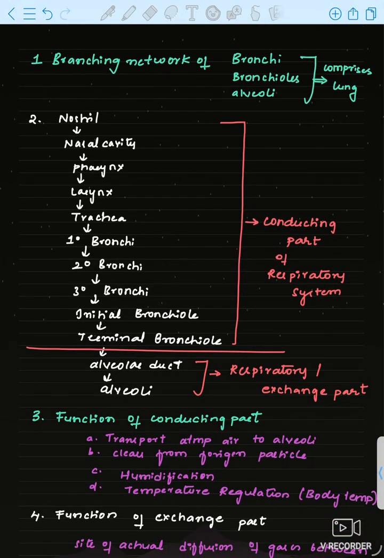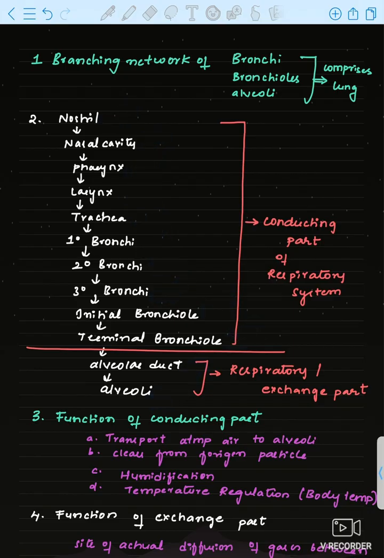Okay, now again the same thing we have to discuss, the passage of the respiratory system from external nostrils, nasal cavity, pharynx, larynx, trachea, primary bronchi, secondary bronchi, tertiary bronchi, initial bronchiole, terminal bronchiole, alveolar duct, alveoli.